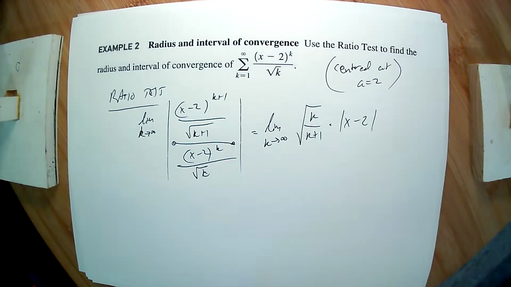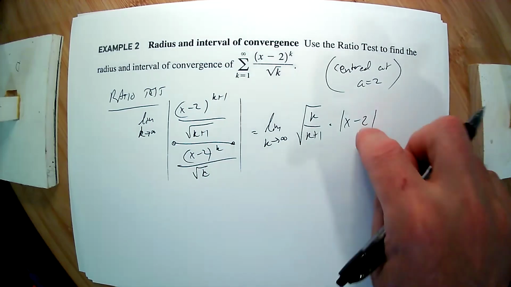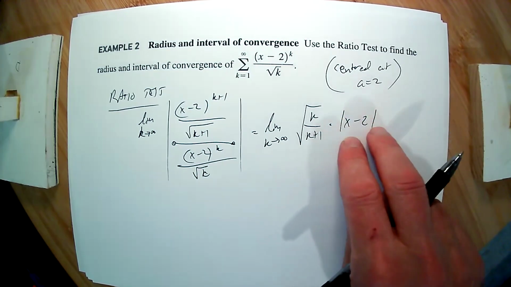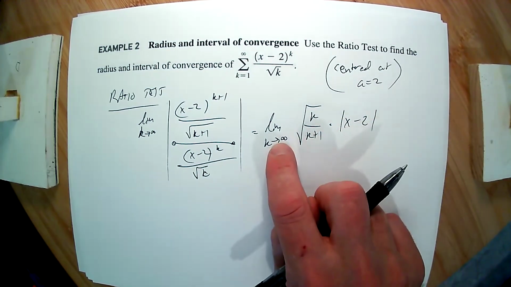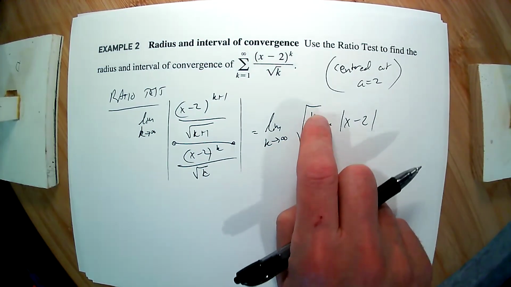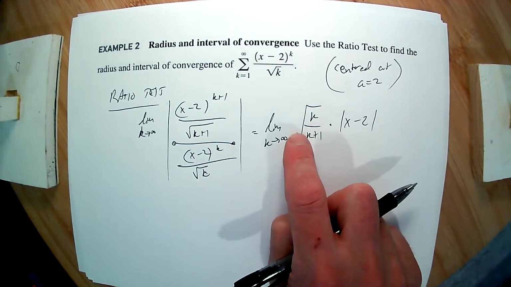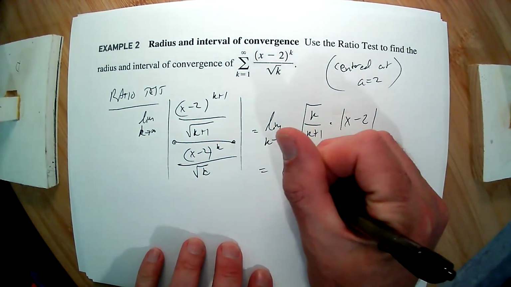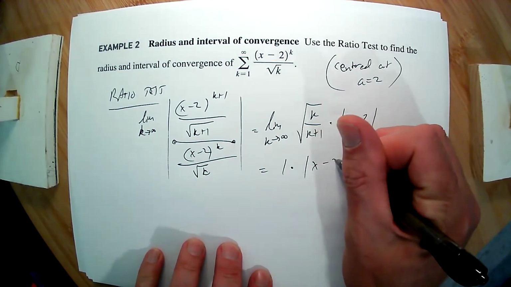Okay. Now again, x is fixed. X is fixed. So this whole factor right here is just a constant. The only thing that's moving is k. Since this ratio is nice and balanced, inside the square root, the limit is 1. And so we end up with 1 times absolute value of x minus 2.